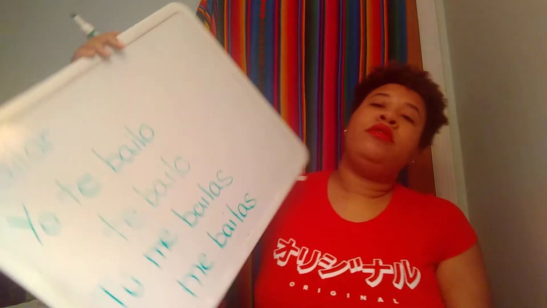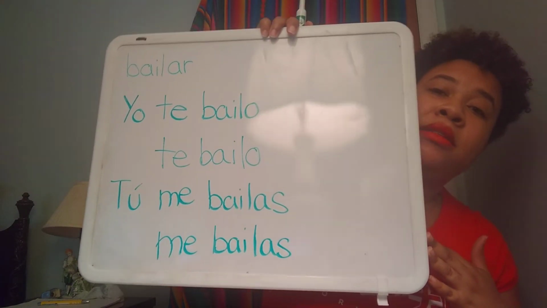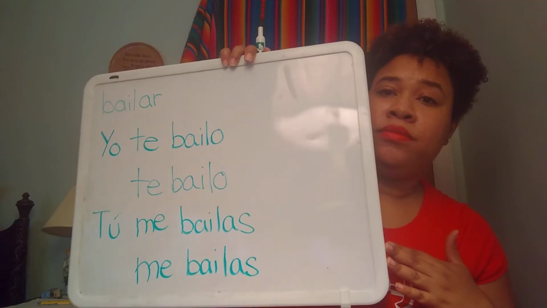You can say either one. Now the roles are reversed. Tú me bailas or me bailas means you dance with me. I mean, technically, if I dance with you or you dance with me, it's the same thing, but you get what I'm saying. The focus is on one person versus the other person. It's all about perspective.